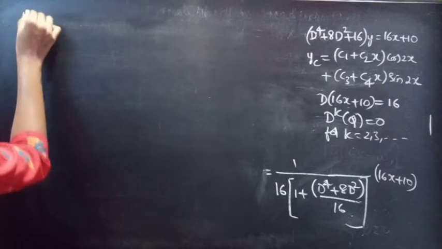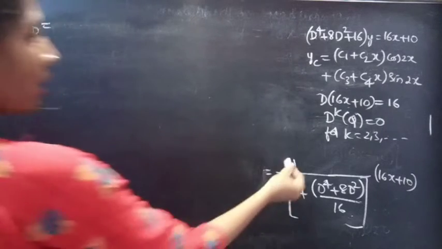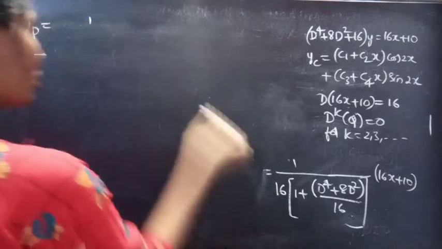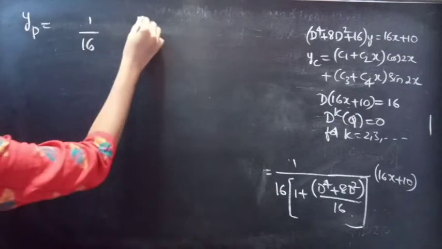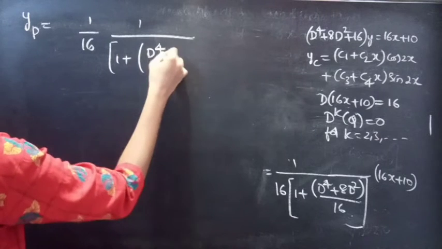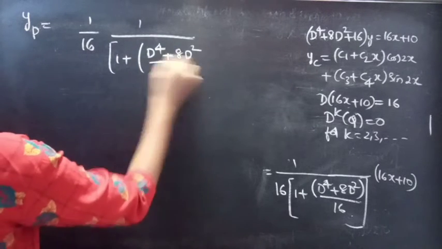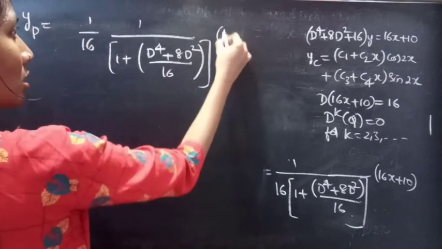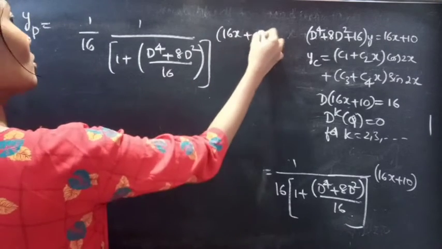Now we can write yp as, I'll split the denominator of the fraction as 1 by 16 into 1 by 1 plus D power 4 plus 8D square by 16 into q, 16x plus 10.